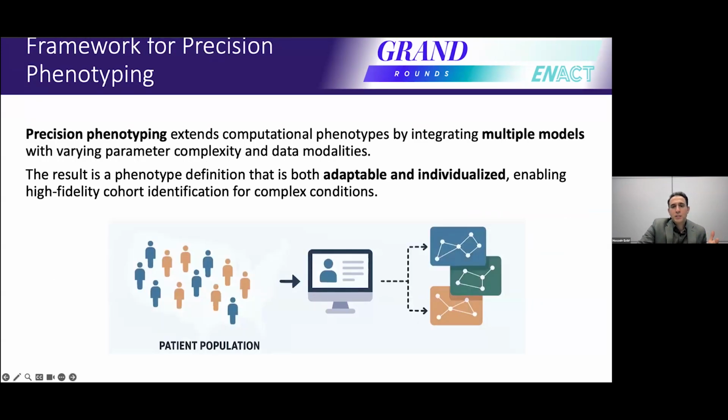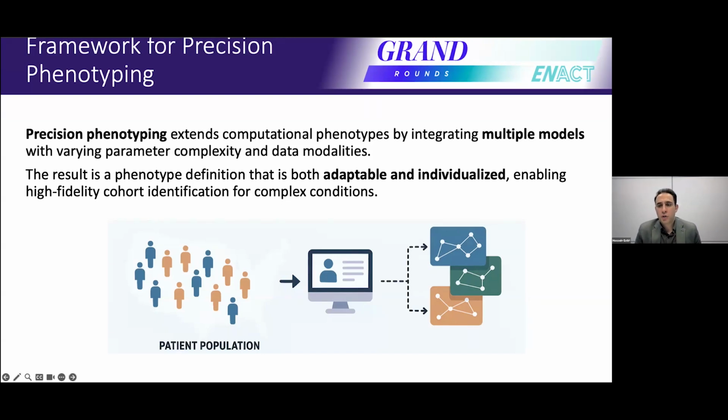Now the journey to precision phenotyping, just an overview, is very similar to computational phenotyping, but with the difference that there are several. Imagine that instead of one regression model, there are multiple regression models with varying complexity. We start with digitizing the patient's data. We turn each person into a digital twin built from their electronic health records data.